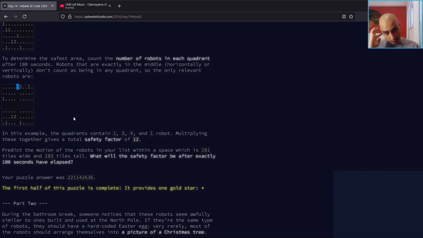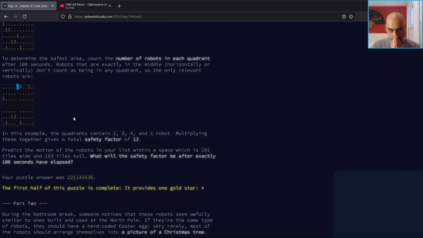What we really need to detect is when we get a tree trunk. That's a good property. So when there's something along the middle, the middle column is fully covered. Maybe we just iterate steps until that happens.